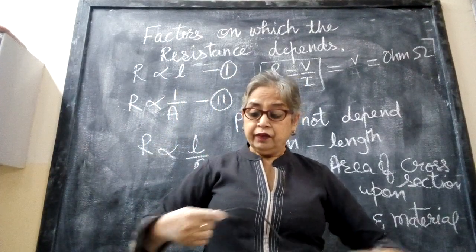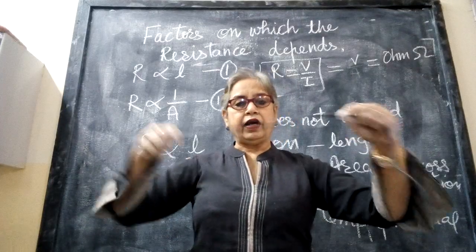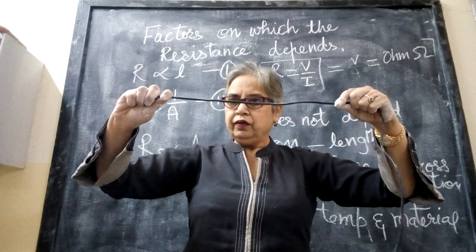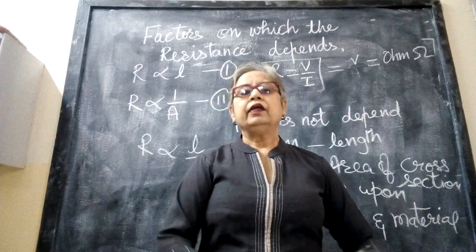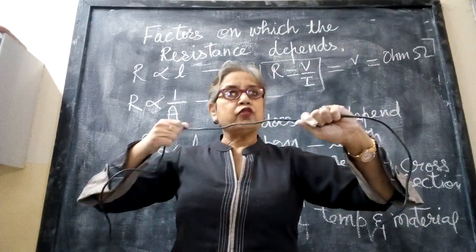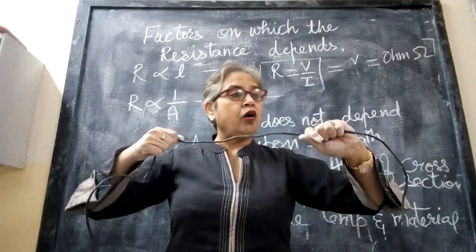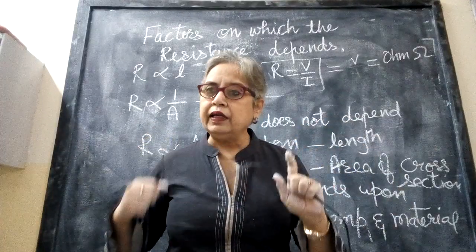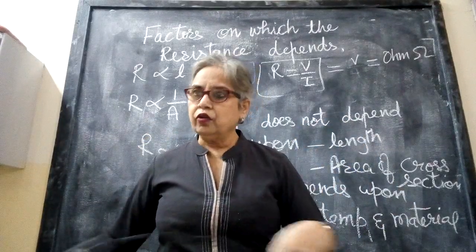Okay. Now if I say that this wire is of copper, okay, and this wire is of nichrome, so the resistivity is not same because the material is different. Okay.